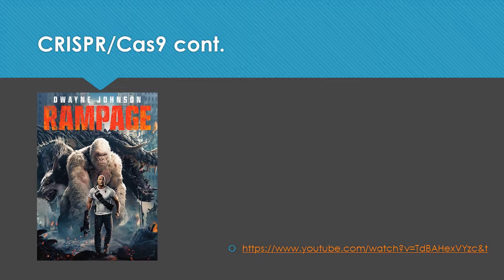Okay, but of course, from research papers, the successful animals that have been produced so far from CRISPR-Cas9 technology are only mouse and monkey. Okay, and further research is still ongoing.